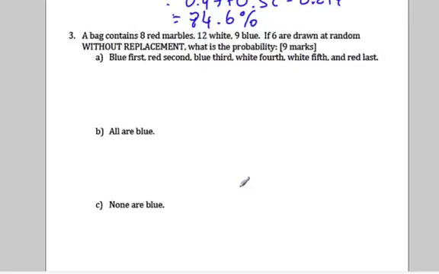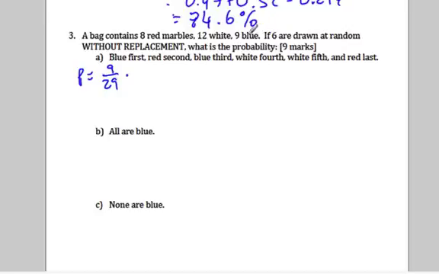All right, the next question. We have a total of 29 marbles in the bag, and we're going to draw. We want to know the probability that you draw blue first, red second, blue third, white fourth and fifth, and red last. So the probability of that order is going to be equal to the probability of drawing a blue first. Well, there's 9 blues out of 29 marbles in the bag.